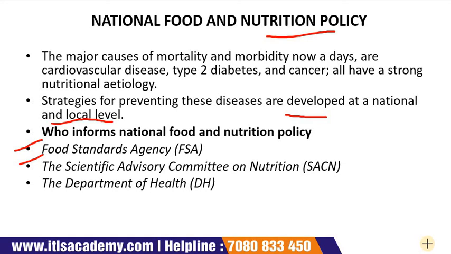But since the Food Standards Agency was formed in 2000, the government has replaced COMA with SACN, which provides independent expertise to the government primarily through the Food Standards Agency and the DH.